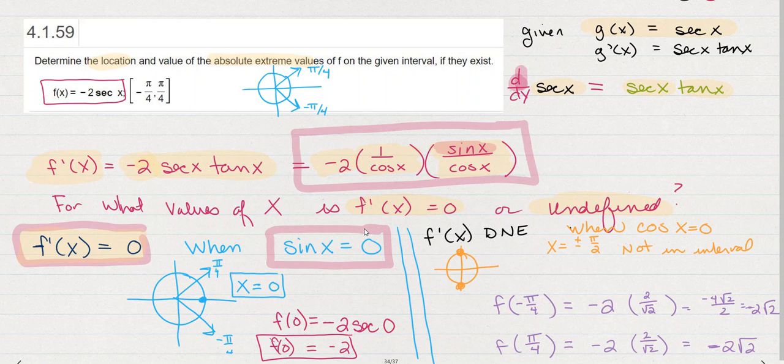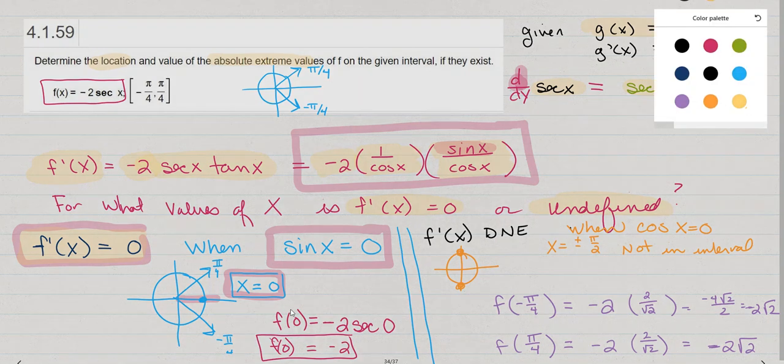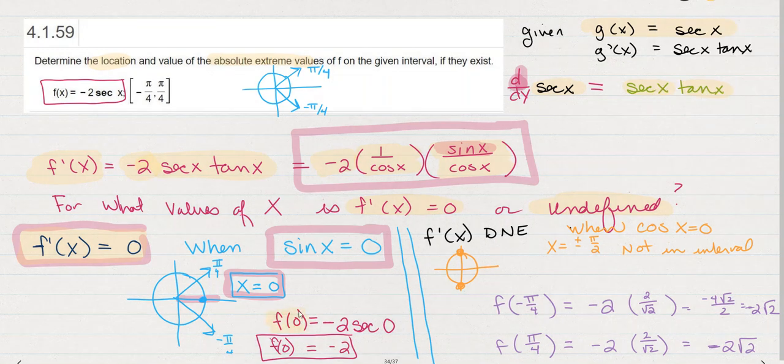This happens on our unit circle at 0, right? That y value is 0 when x is 0. So the sine of 0 equals 0, and we could table that and say that later on we're going to find f of 0. I'm going to go ahead and do that right now because I know that an extreme could happen at f of 0.